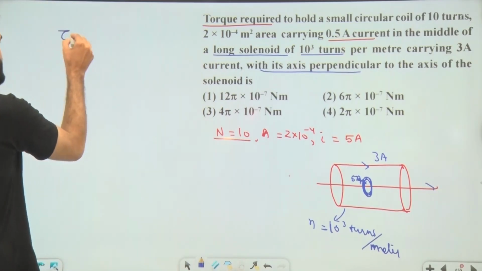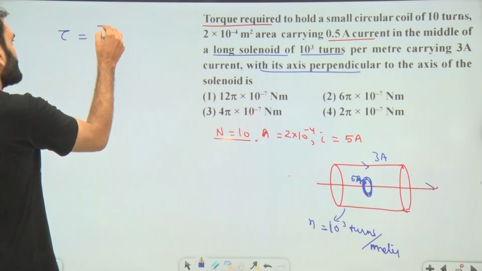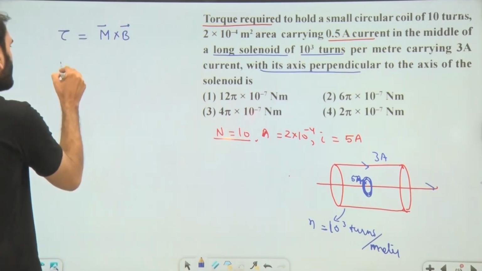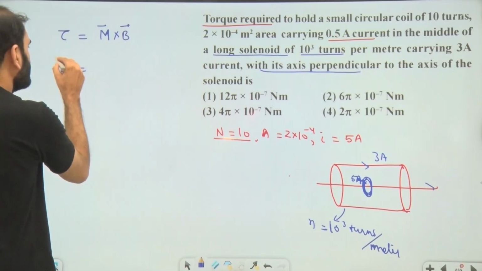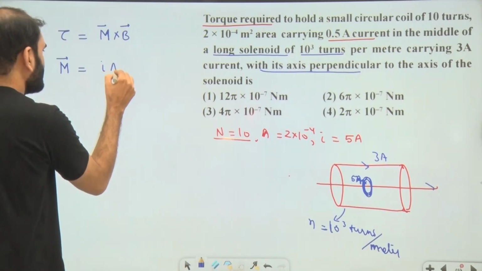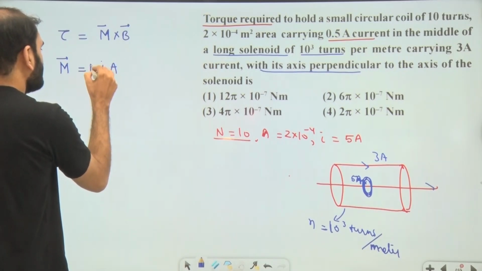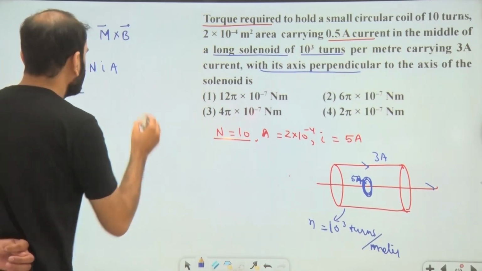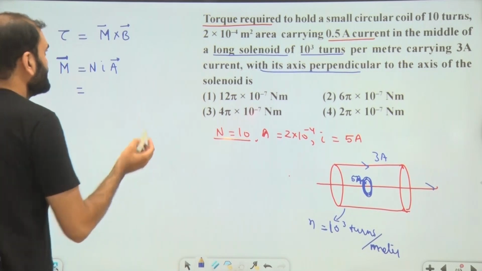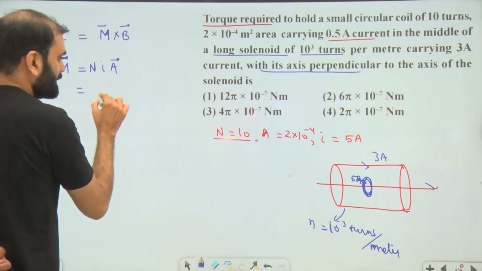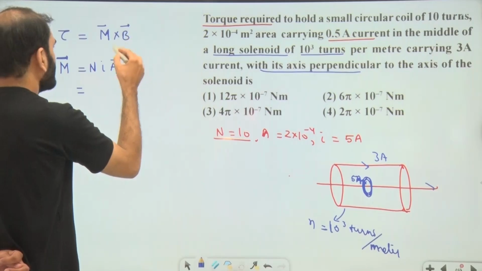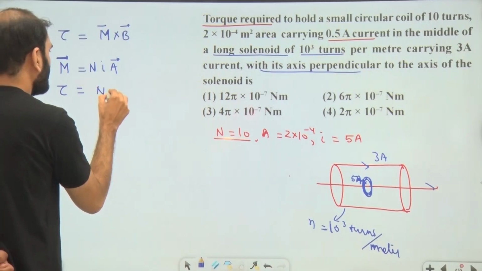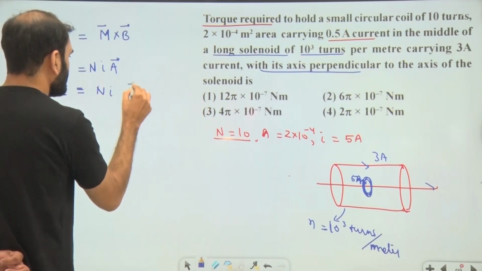The torque formula is torque equal to m vector cross B vector. For the m vector, the formula is I into A for one coil, so if there are N coils, it is N into I into A vector. So torque equals N I A vector cross B vector.